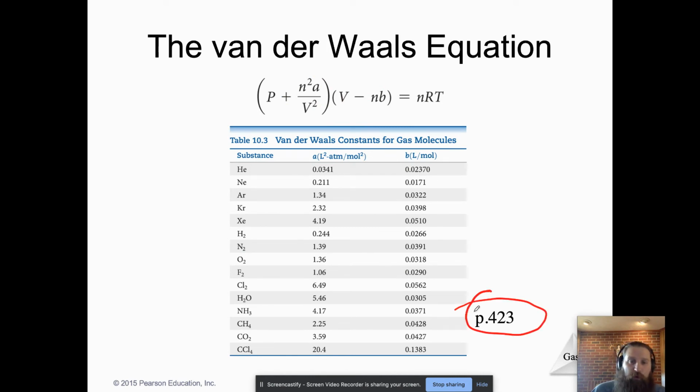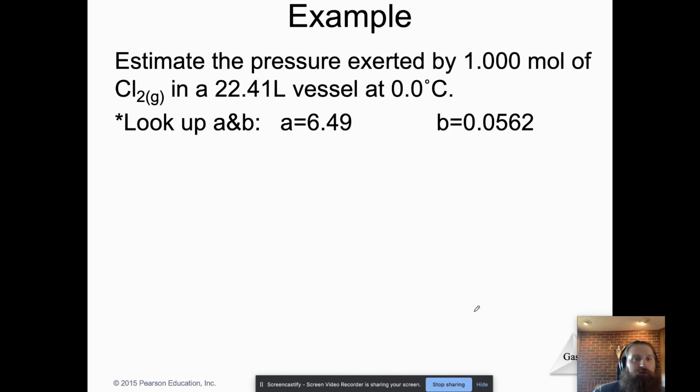If I was going to give you a question like this, which I am, then you would have this table or the values necessary to do the problem. Let's look at one of those. It says, estimate the pressure exerted by 1 mole of Cl2 in a 22.41 liter vessel at 0 degrees Celsius.